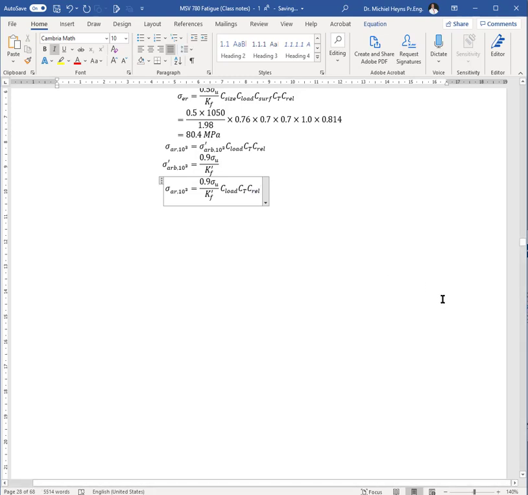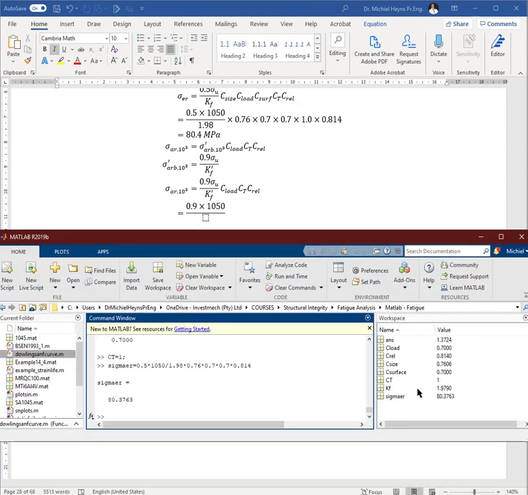So this one will become equal to 0.9 times 1050 MPa, that's the ultimate tensile strength. Now that Kf accent was calculated, I don't have it here.